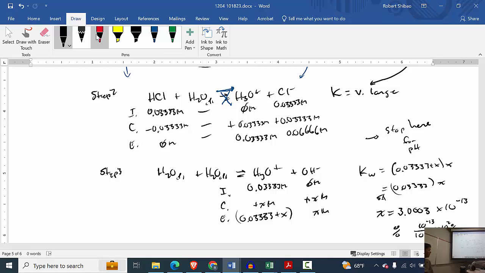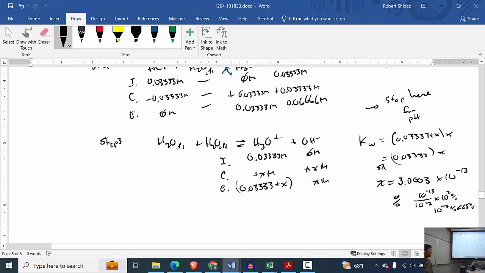So this is going to be 10 to the minus 13 percent. This is less than 5%, so the simplifying assumption was fine.